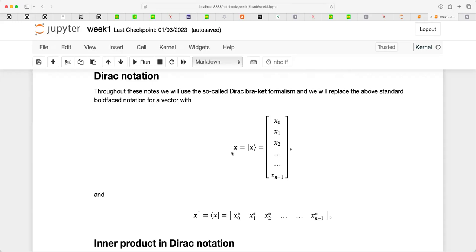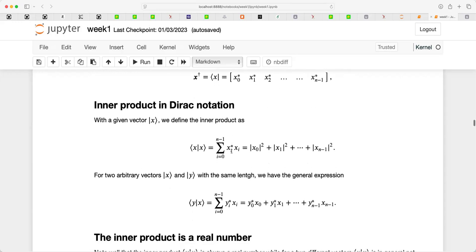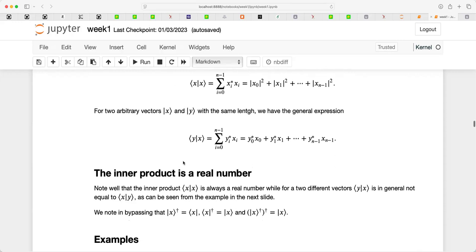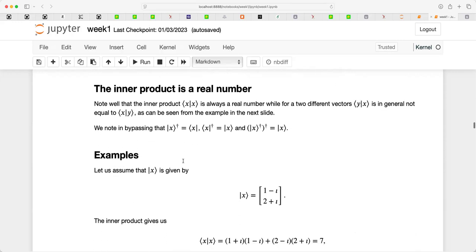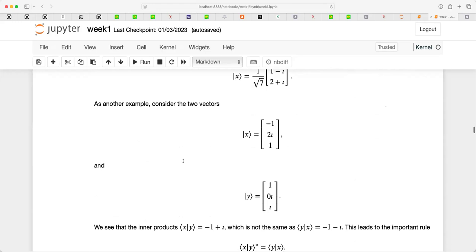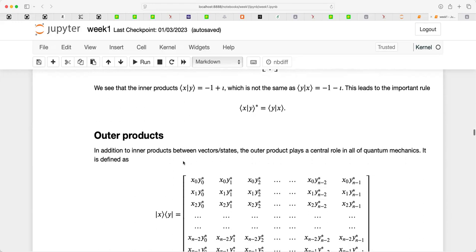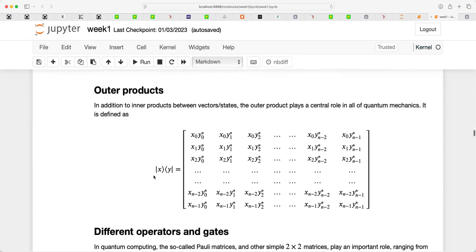I hope you can forgive me for that. Then we have inner products, which you're familiar with, and we also defined outer products. You can revisit these if you want to. This is just the outer product of a typical object which we will encounter, and they obviously live in a complex space.